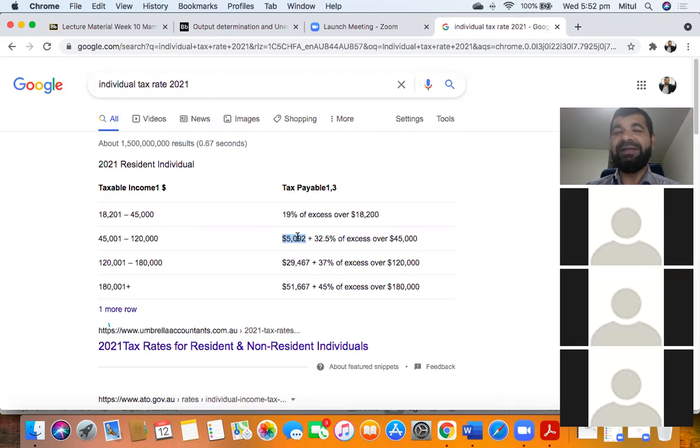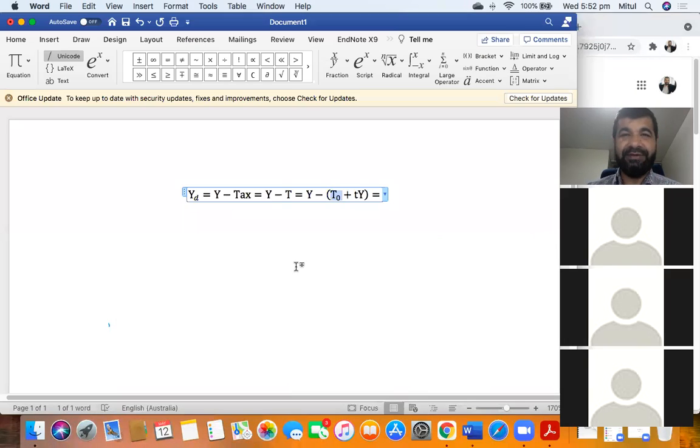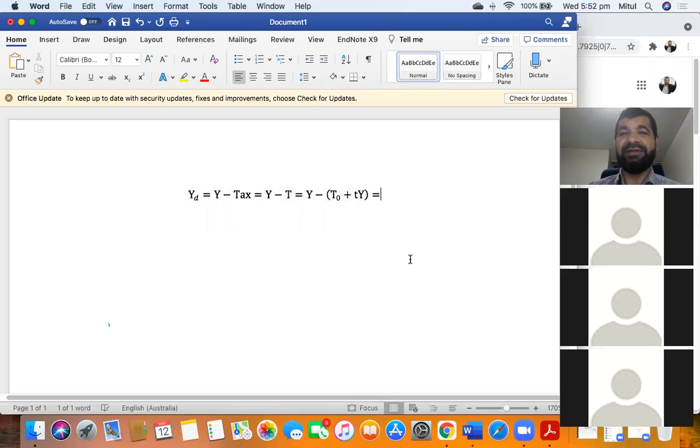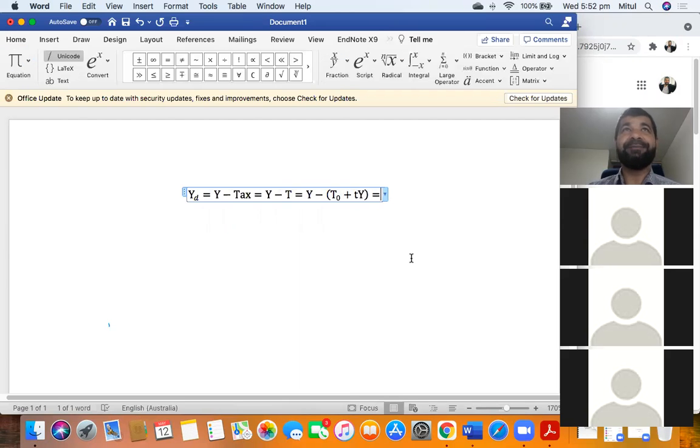So this is your T0 plus 32.5%, that is the tax rate, small t, multiplied by other income. So these are the things we are calculating here.